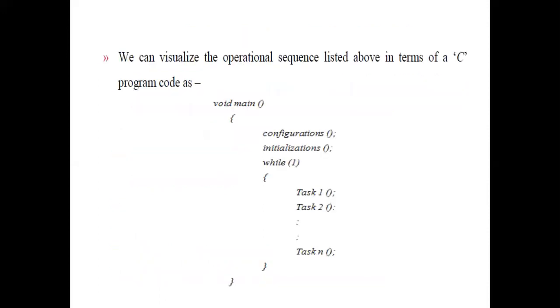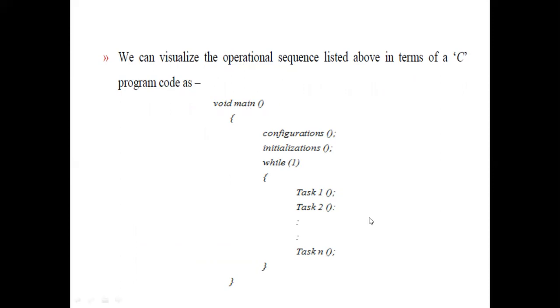We can even visualize the operational sequence listed above in terms of C program code. From this C program code, you can see tasks 1 to n.